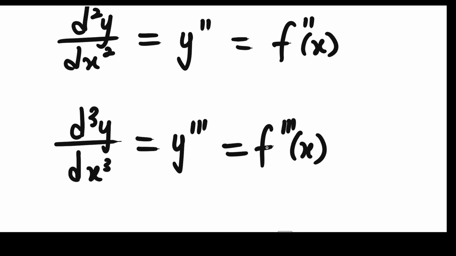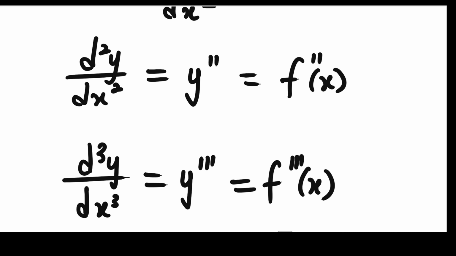All right. So these are the notations for higher derivatives. The d squared y over dx squared is for the second derivative, meaning you have to differentiate the function two times. Then d cubed y over dx cubed means that you are going to differentiate the function three times.